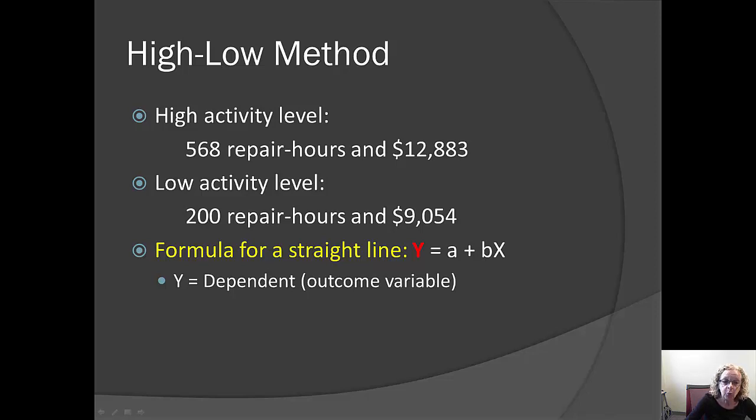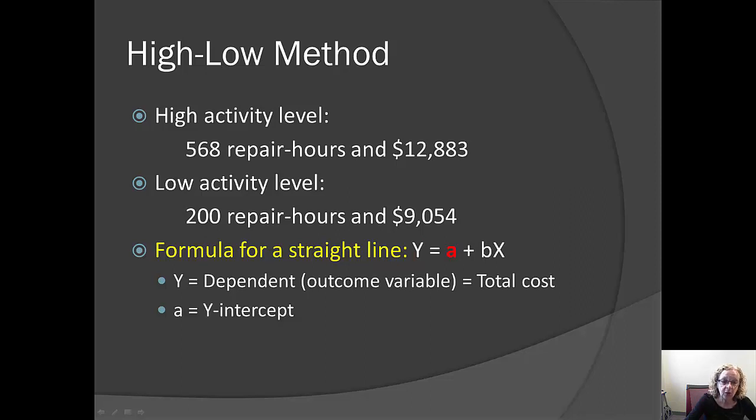That means we believe that its value depends on whatever happens on the right-hand side of the equation. In this case, our dependent variable is total cost. So we are trying to use this equation to predict future total cost.